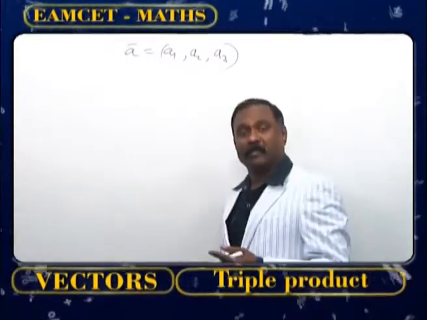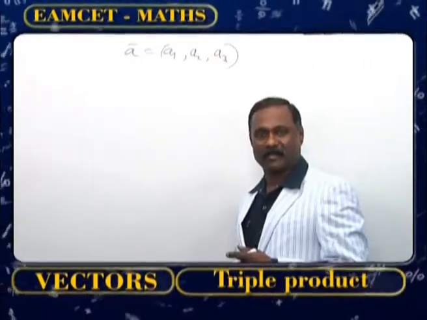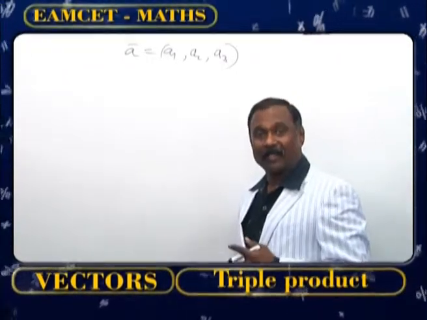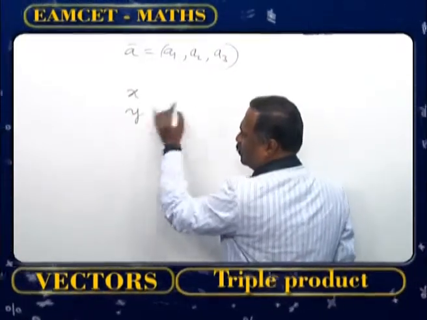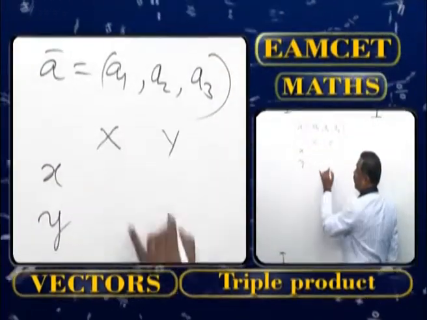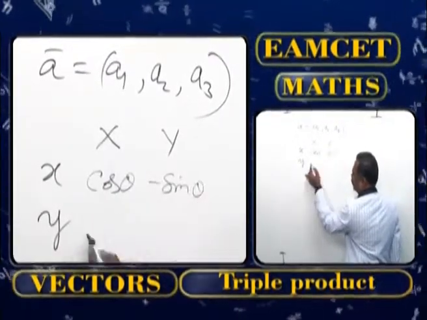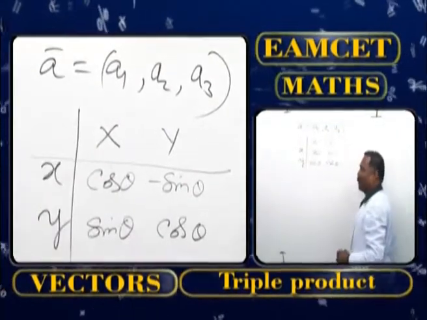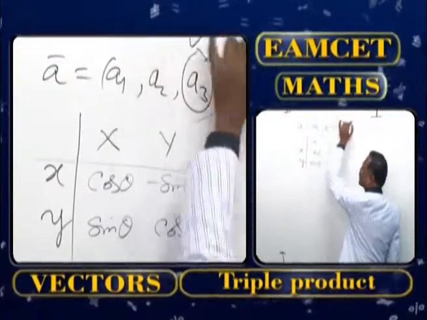You might remember from your first year of coordinate geometry the change of axis, the shifting of origin and the rotation of axis. In the rotation of axis, the original coordinates x, y and the new coordinates X, Y are related by cos theta, minus sin theta, sin theta, cos theta. Because z is kept constant, A3 remains as it is.